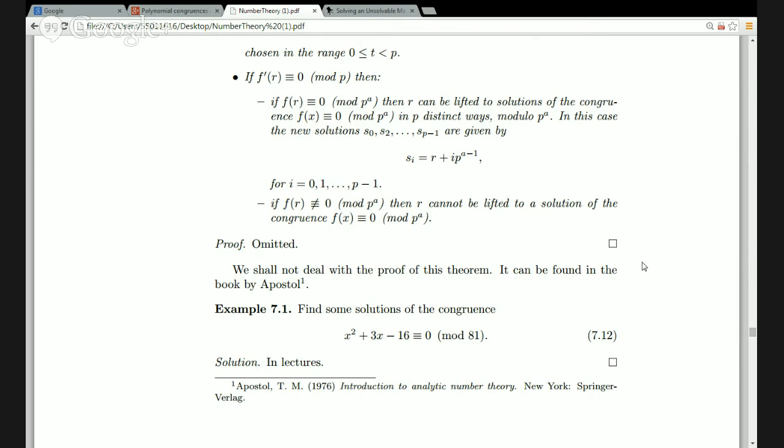f prime of r, which is f prime of 7. Well, we've already done that in the previous case. It is 17, and that's still non-zero modulo 3.